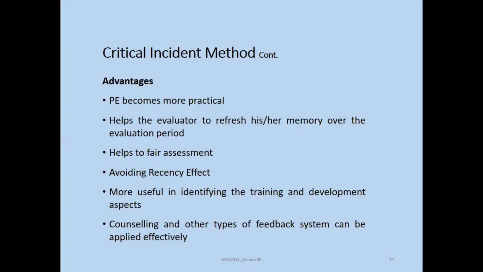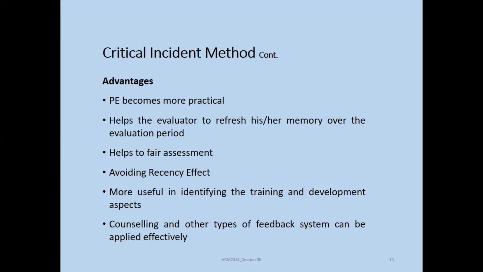It also avoids the recency effect. Recency effect is another error of evaluators. By the term recency, you can get some idea. At the performance evaluation, the evaluator gives more weight to more recent activities than the previous activities.